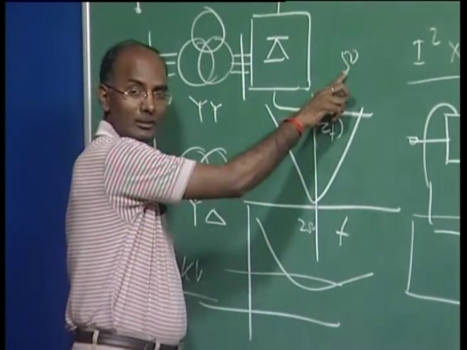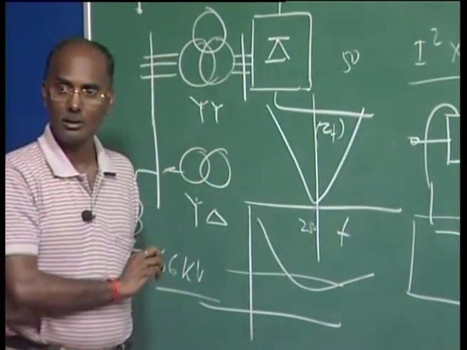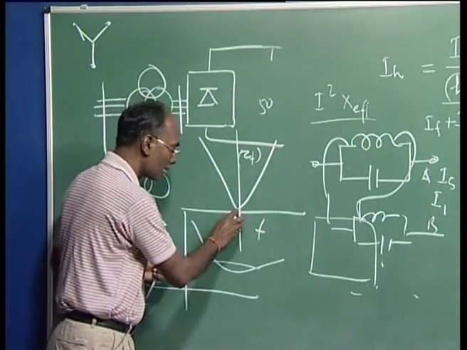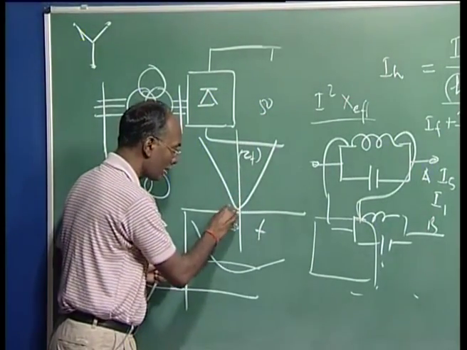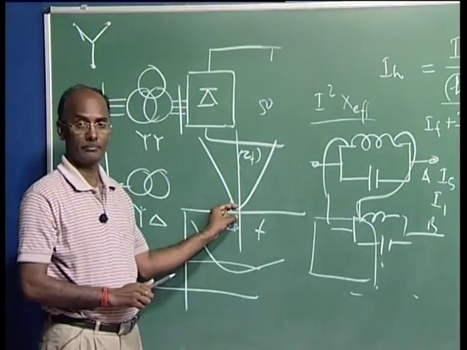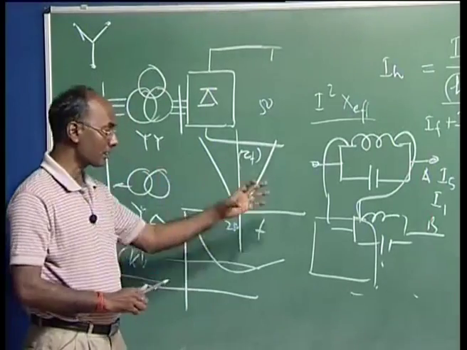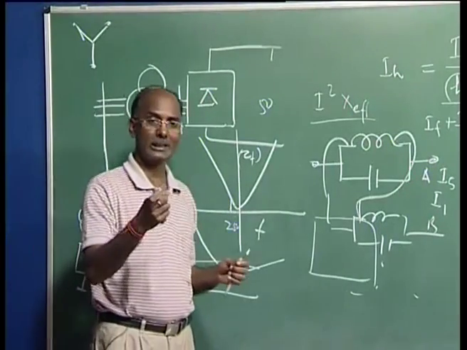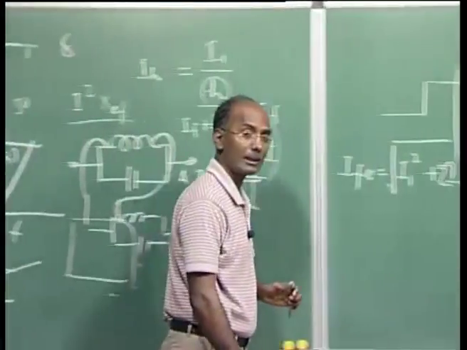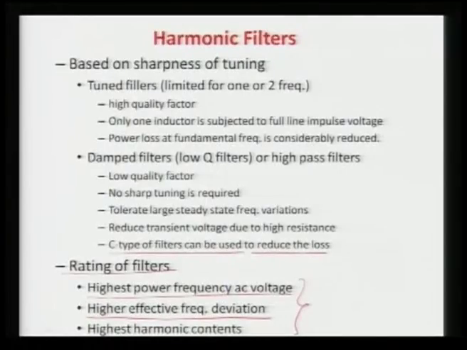But if the frequency changes, this will also change. If the frequency is 49, then you are at 49 into 5, somewhere else, and the impedance is increased. Once the frequency deviates, it is called detuning, and we define another term, delta, for this detuning, the change in the frequency deviation.